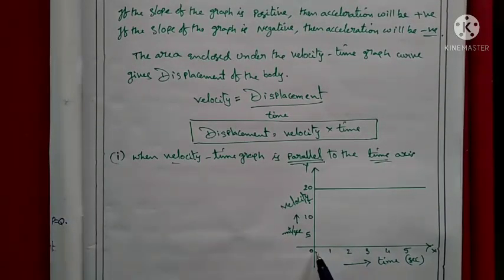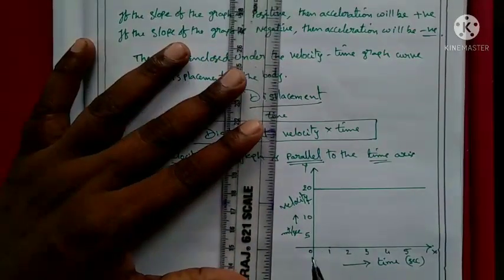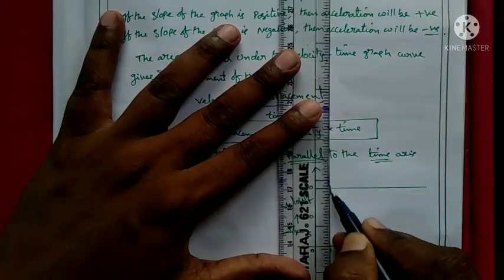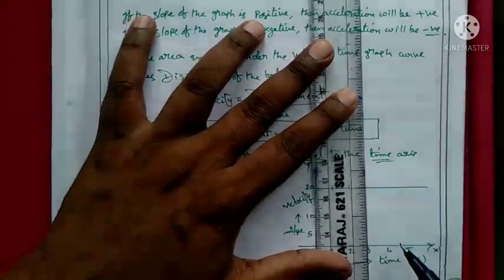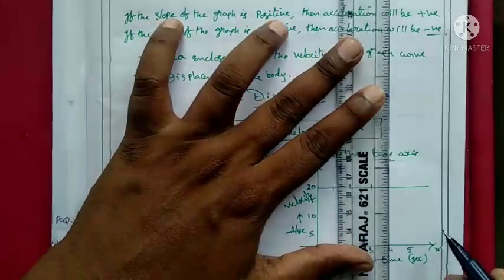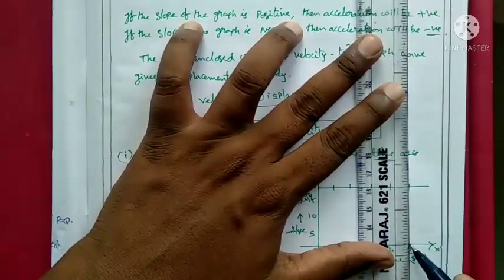So at 0, how much velocity? 20 meter per second. At 1 second, also 20 meter per second. At 2 seconds, 20 meter per second, 3 seconds, 20 meter per second, 4 seconds, 20 meter per second, 5 seconds, 20 meter per second.